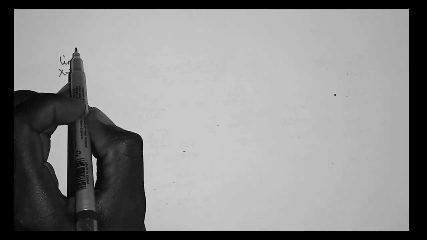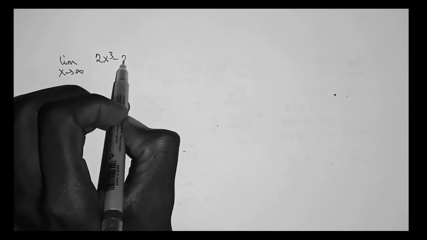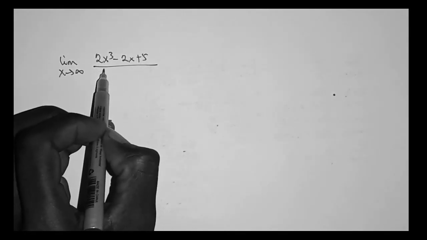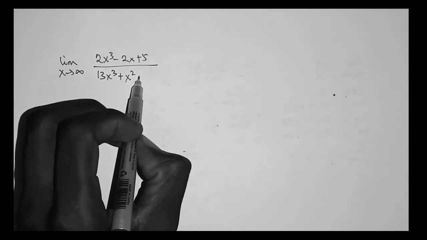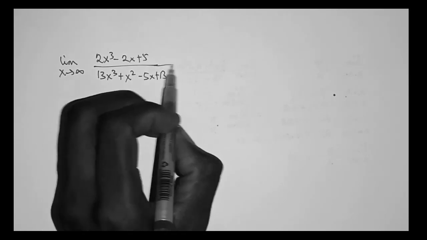So let's solve limit as x approaches infinity of 2x cubed minus 2x plus 5 divided by 3x cubed plus x squared minus 5x plus 13.